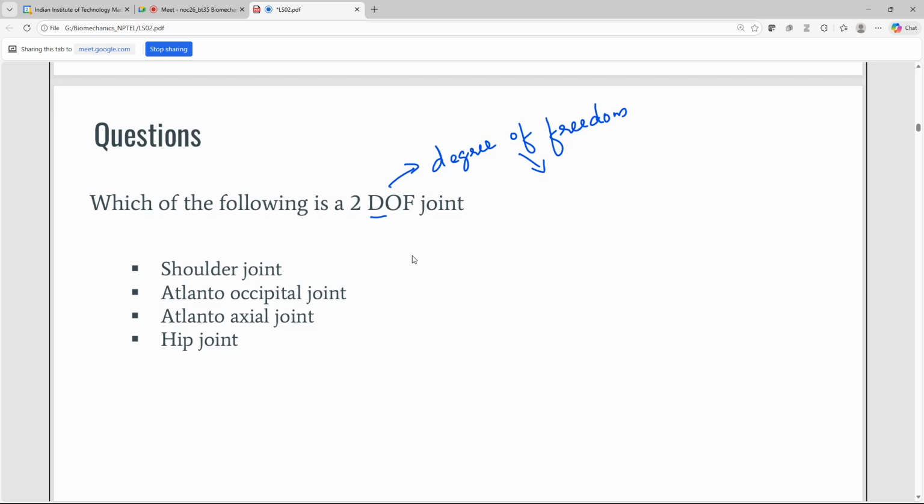If you remember what kind of joint the shoulder joint is, it will be easy to say the number of degrees of freedom present there. Try to answer the question.